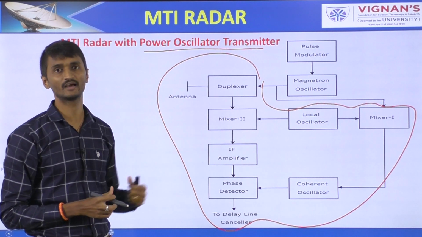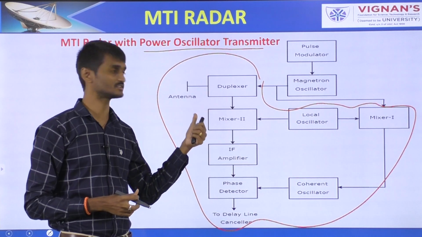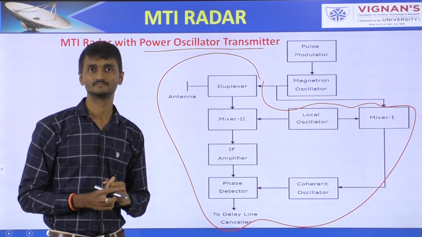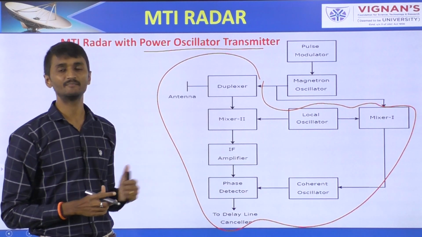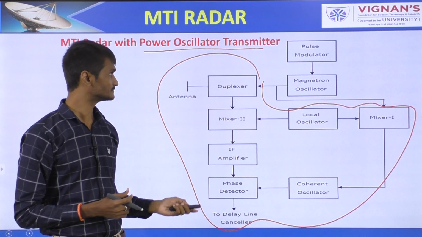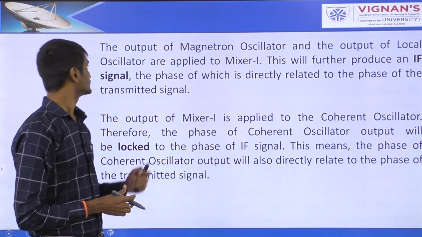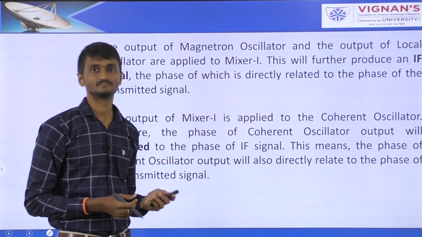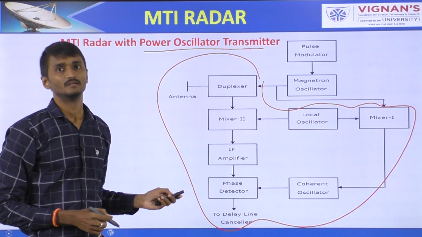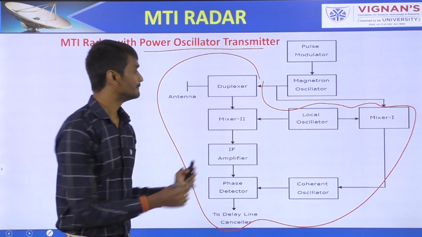As shown in this figure, MTI radar uses a single antenna for both transmission and reception of the signals with the help of a duplexer. So the operation of the MTI radar with power oscillator transmitter is as follows. The output of the magnetron oscillator and the output of the local oscillator are applied to mixer 1.